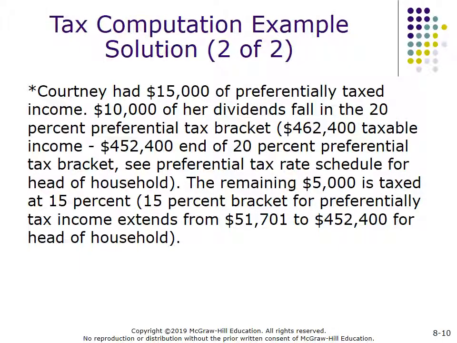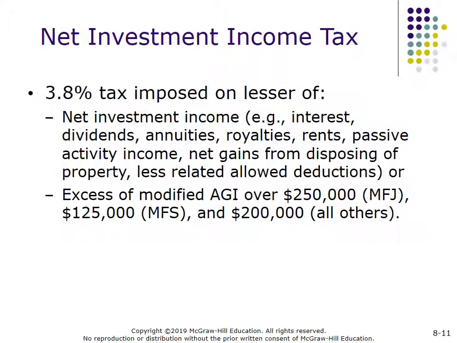If Courtney had $15,000 of preferentially taxed income, $10,000 of her dividends fall in the 20% bracket, and that's what we were just talking about there. An additional tax that may be imposed is because you have net investment income. It's a 3.8% tax.